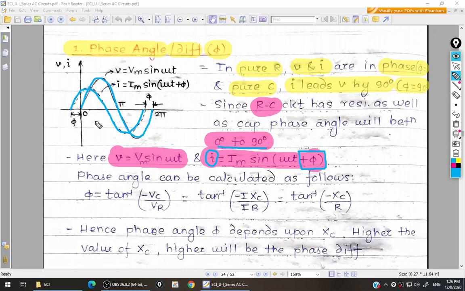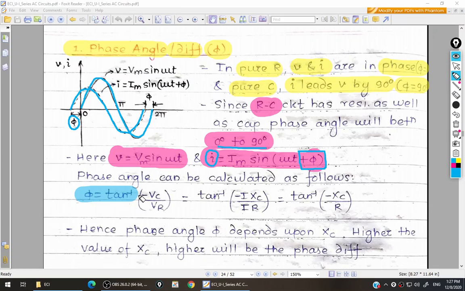So what happens when we draw the waveform? We will see that voltage is starting from 0 degrees, but current is starting phi degrees earlier. So we can call this current leading with respect to voltage. Okay friends, the value of this phase angle is given by this formula.